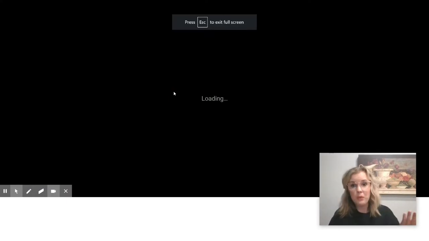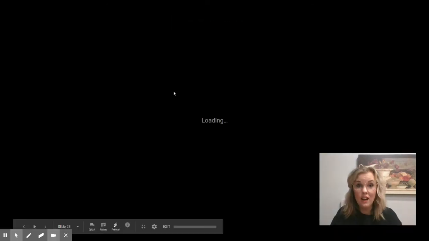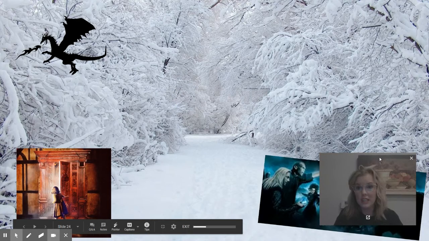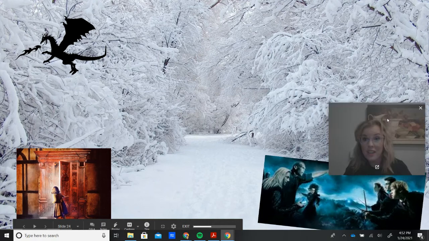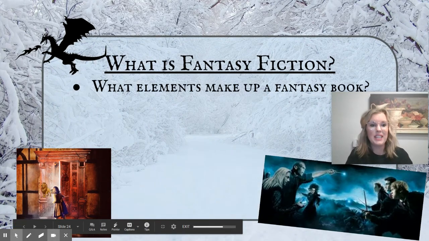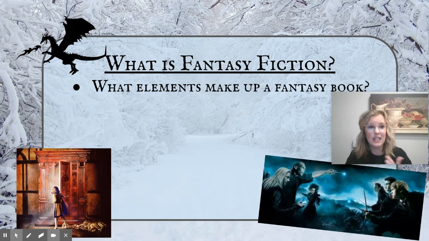Now, with what you read last week, you have a better understanding of fantasy. I have a few pictures here. I'm going to try and move myself. Look, I'm moving. I have obviously Narnia here, there's a dragon, there's Harry Potter. Elements of a fantasy can include so many things. Fantasy is a big umbrella genre.